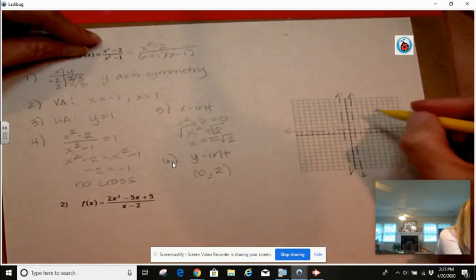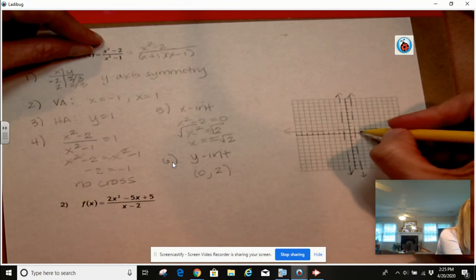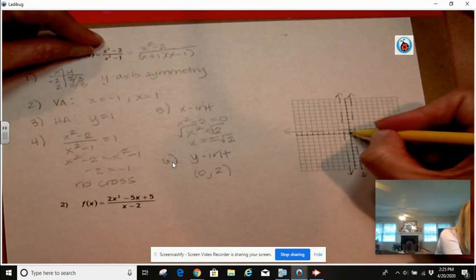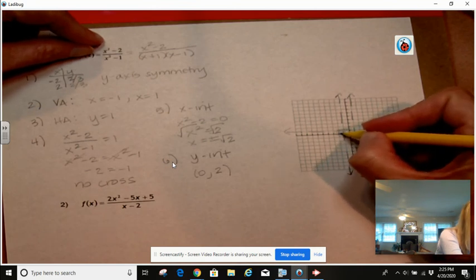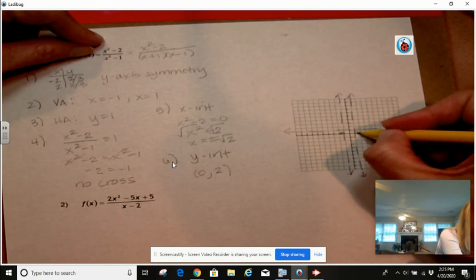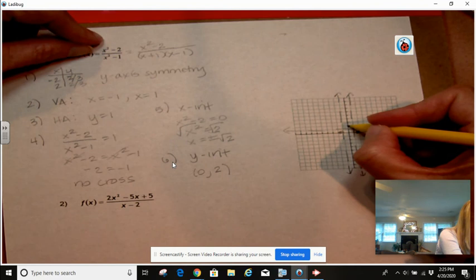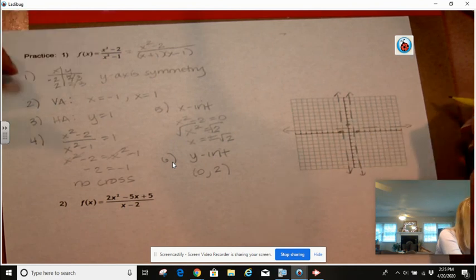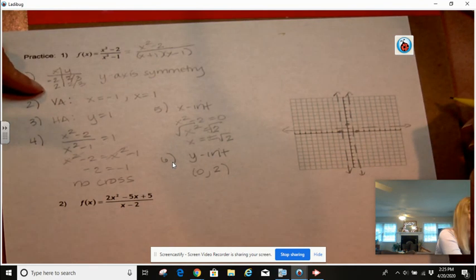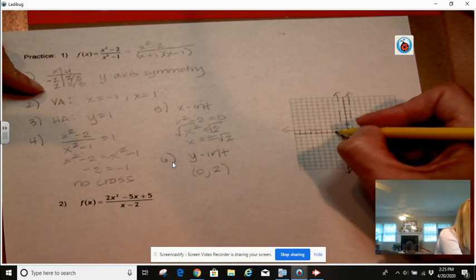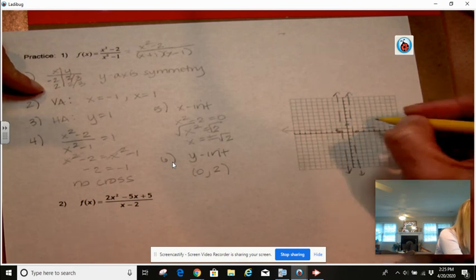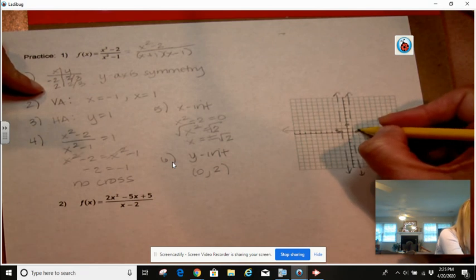We have 2 x-intercepts. Square root of 2 is about 1.4. So -1.4 and +1.4. And we have a y-intercept at 0, 2. And then we can also plot these points if we want to use those as well. -2 and 2/3 and +2 and 2/3.